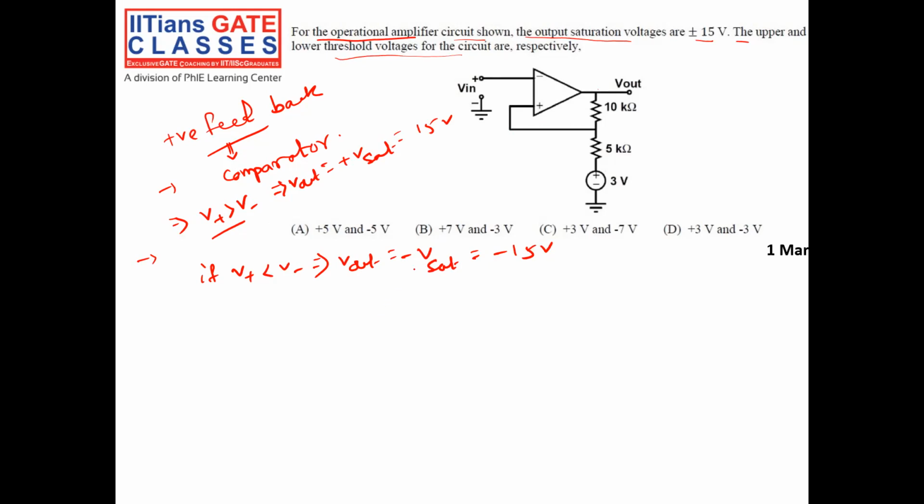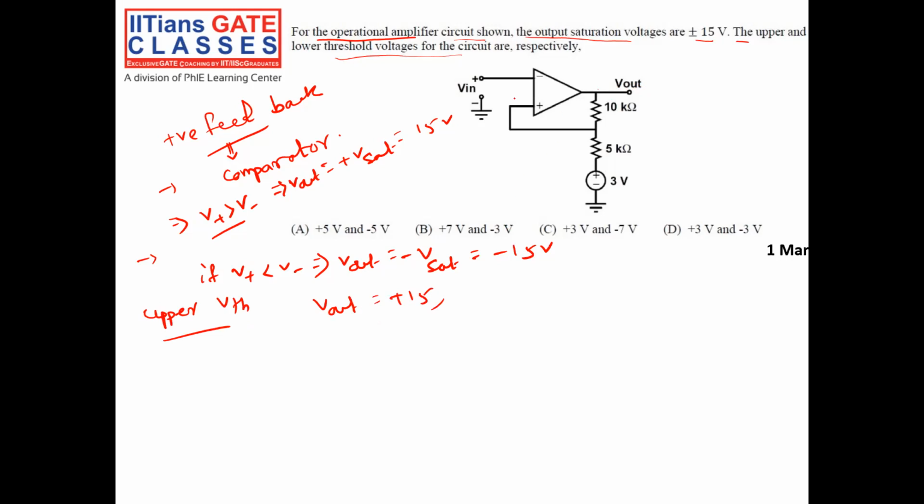Then what do we call the upper and lower threshold voltage? What do we mean by upper and lower threshold voltage? Suppose my V out is equal to plus 15.